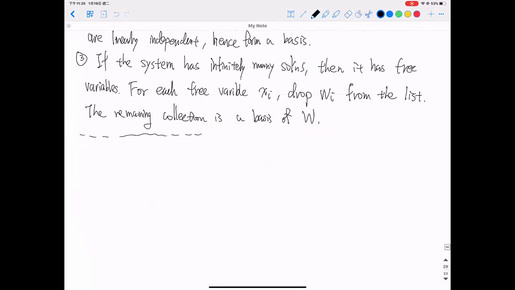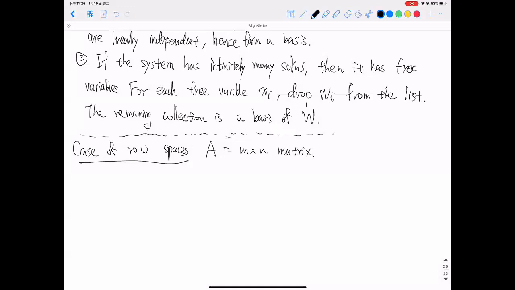Now, as you remember, one particular example of subspaces is the row space. Case of row space. Now we know the following. Say A is some, doesn't really matter about the size, but let's say m times n matrix.